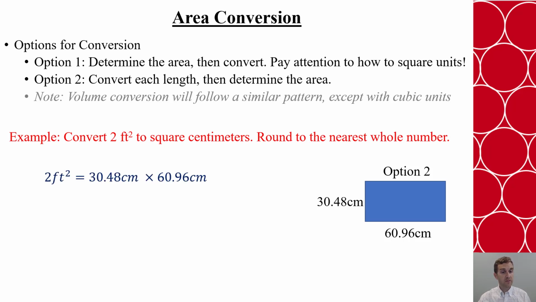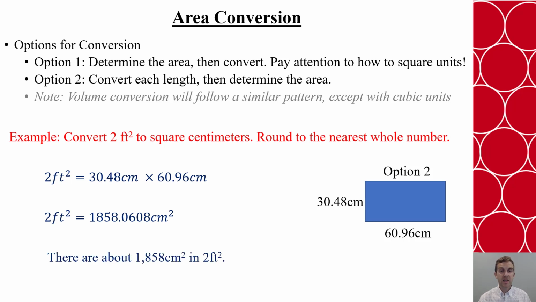So 2 square feet will equal 30.48 centimeters times 60.96 centimeters, which becomes again the same value, 1,858.0608 square centimeters. I'm rounding to the whole number, so I end up at the exact same place regardless of whether I use the first or second option.